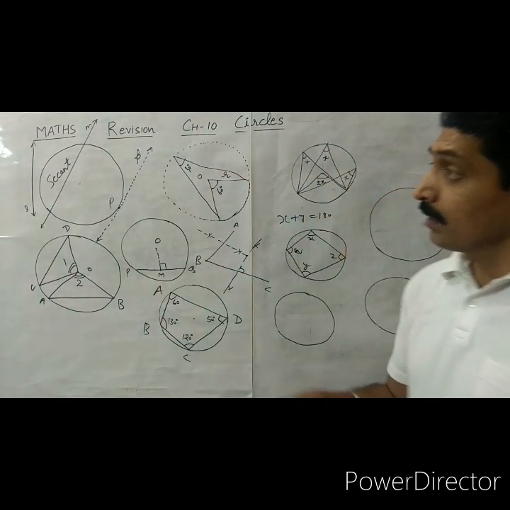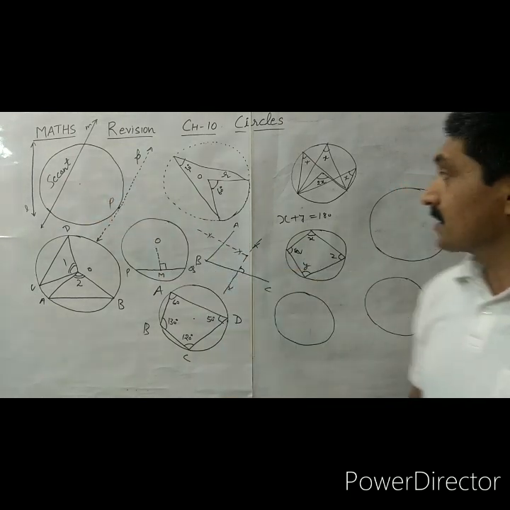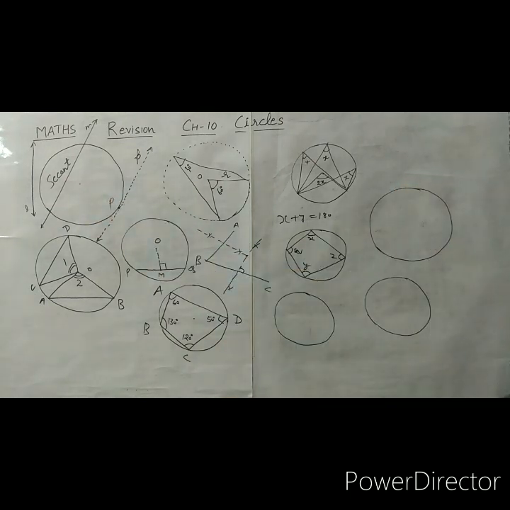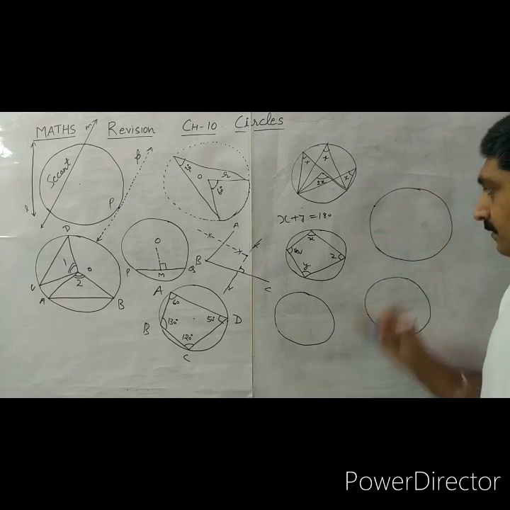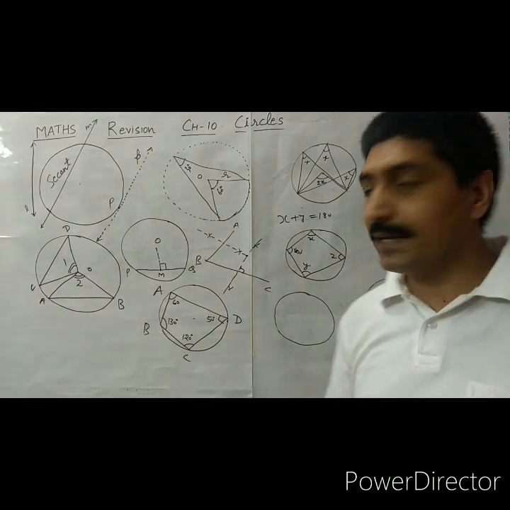Now about the tangents. Tangent to a circle. We have discussed one activity in detail, that how many lines can pass through this point. From one point, we know infinite lines can pass.